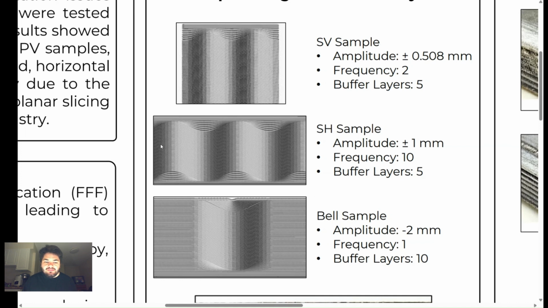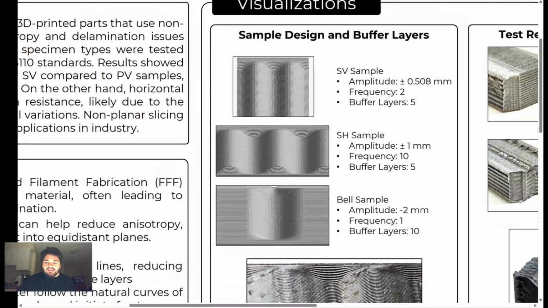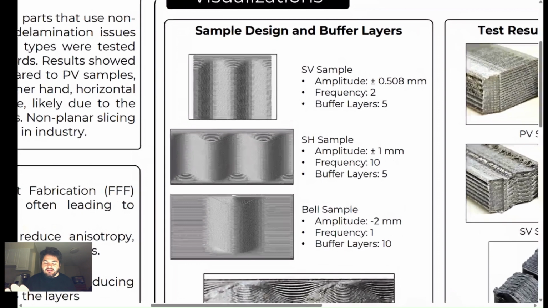A horizontal specimen with sinusoidal layers and one with planar layers, and one bell-shaped, which is mostly planar, but at the center of the specimen it gets this bell shape around the notch. We made these parts with the amplitude and frequency that our machine could handle, because it's a 3 degree of freedom machine, so it is very limited in the angles it can print.